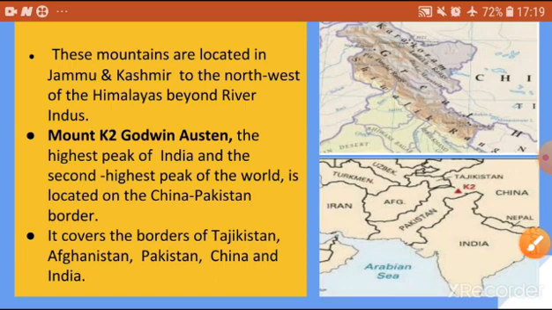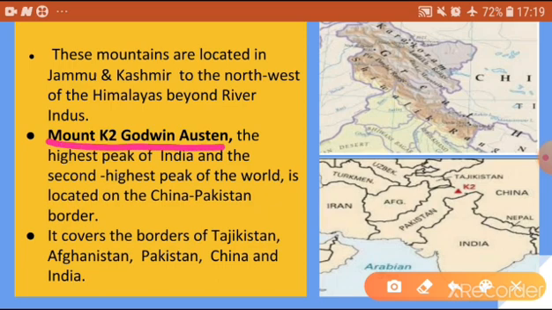So Karakoram ranges are located in Jammu and Kashmir. Previously Jammu and Kashmir was a state, now it is a union territory. And in the northwest direction, Mount K2 Godwin Austen is the second highest peak of the world.